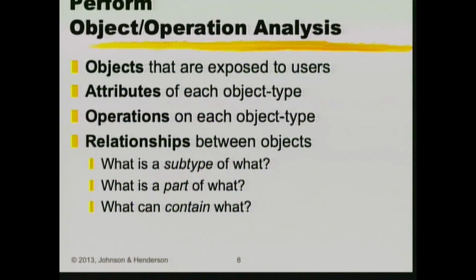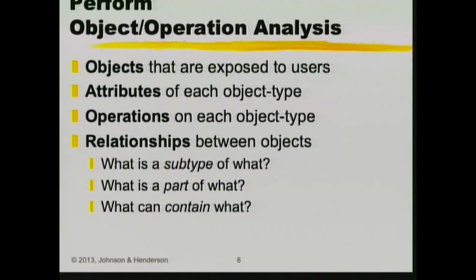An object operation analysis is composed of objects that are exposed to users, attributes of each object type, operations on each object type, and relationships between objects. For example, one kind of relationship is, what is a subtype of what? So for example, a checking account is a kind of bank account. A Prius is a kind of car. Okay, so that's a subtype.